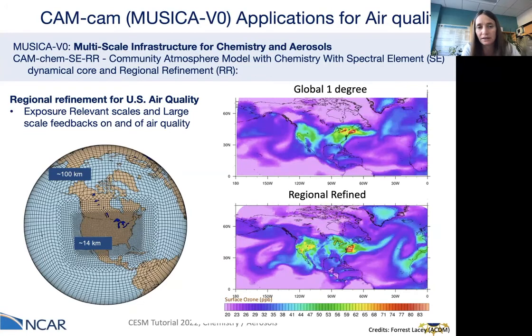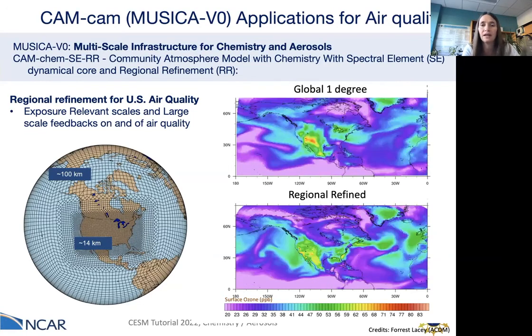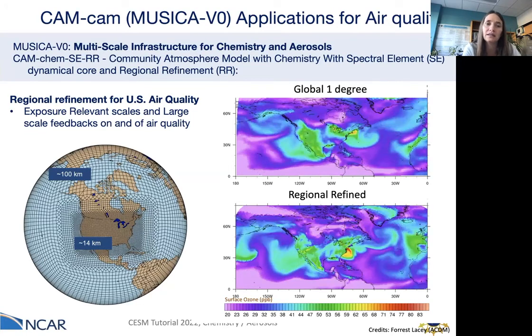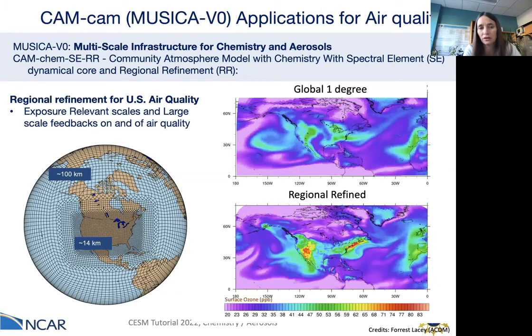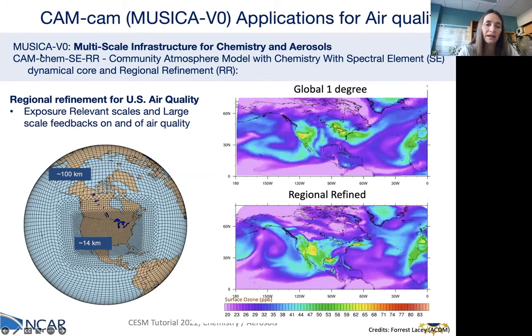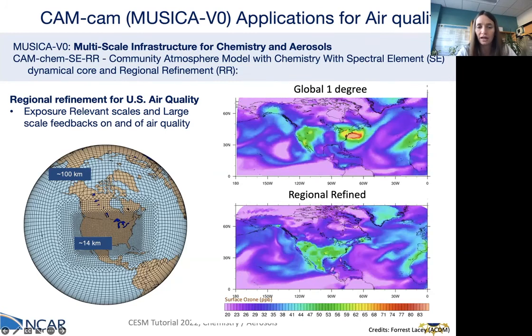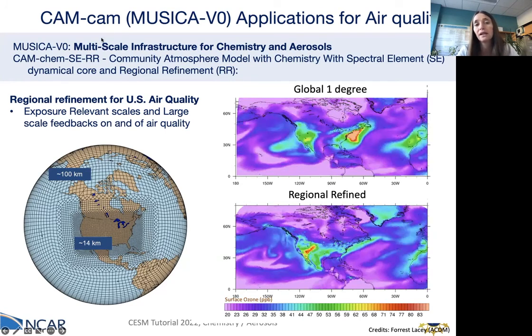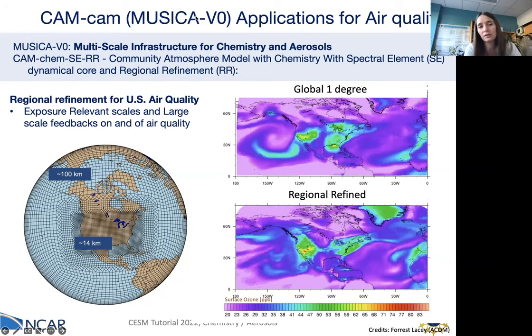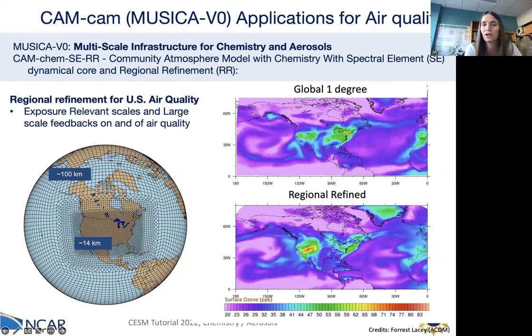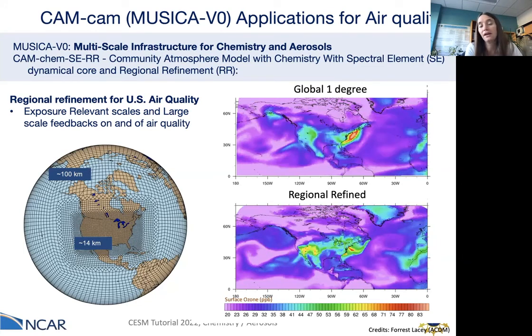And here, for instance, what we are using as an application is the CAM-chem version, which includes the spectral elements core and regional refinement over CONUS. ACOM has worked on this quite a bit. And this version is also called the MUSICA version 0, the Multi-Scale Infrastructure for Chemistry and Aerosols.